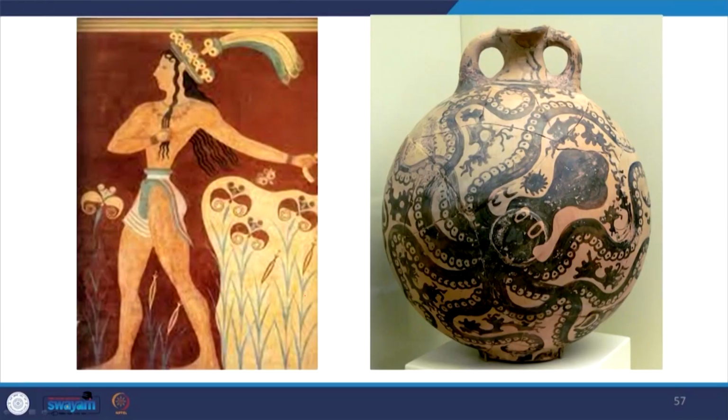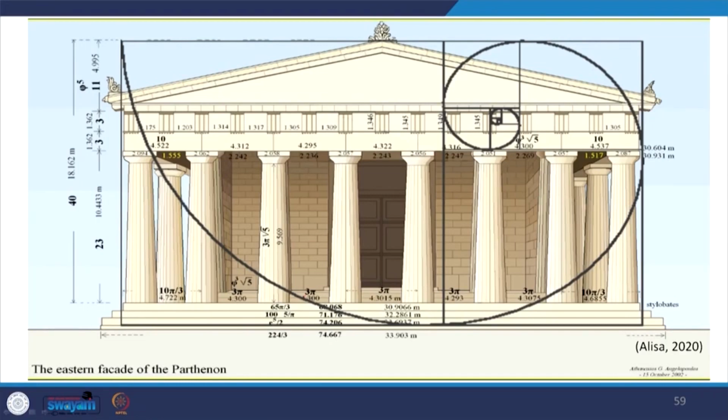In the artwork, you can see weeds represented, and in the pottery, you may see octopus. And in the natural world, they found the logical order that allowed man to live in harmony with the natural environment. Like in the image of the eastern facade of the Parthenon, you can see the architecture following the golden ratio.